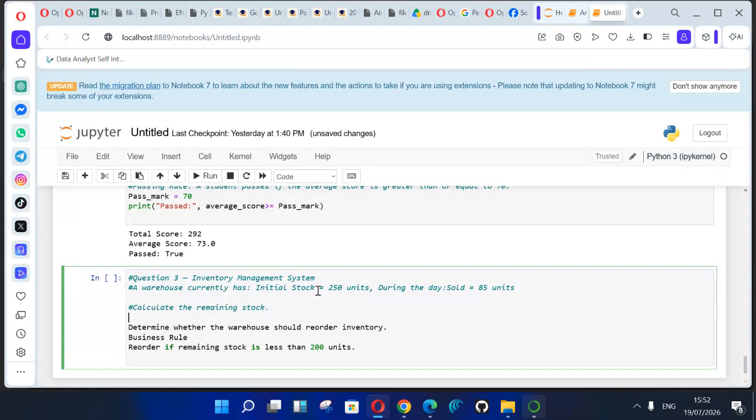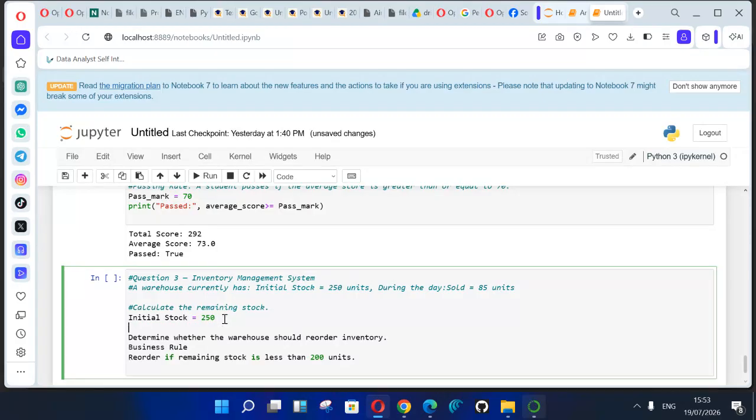First of all, let's say initial stock is 250, and sold stock, let's say sold. Let's leave it as sold.